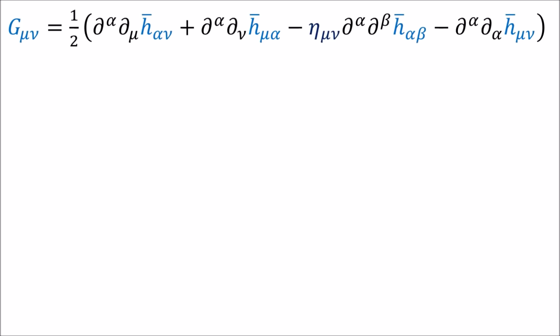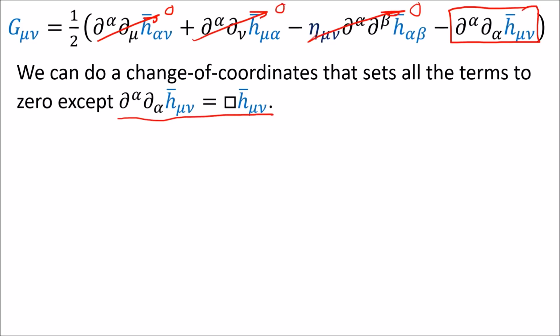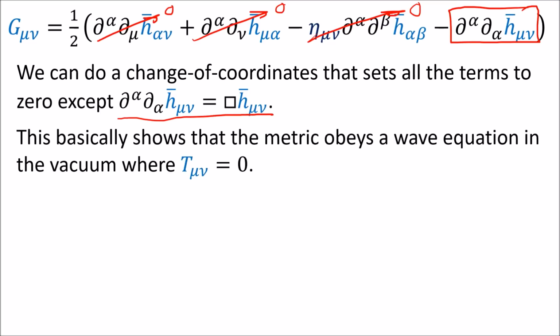So, given this equation for the Einstein tensor G in linearized gravity, it's possible to do a change of coordinates where all these terms go to zero except for the last one, which is the D'Alembert of the barred h. This fact basically shows that the metric obeys a wave equation in the vacuum where all the components of the energy-momentum tensor are zero.